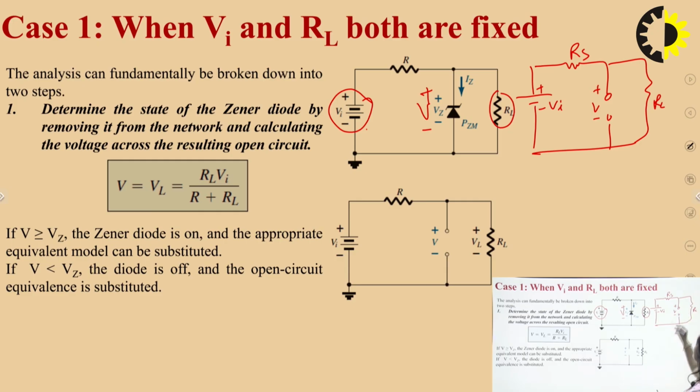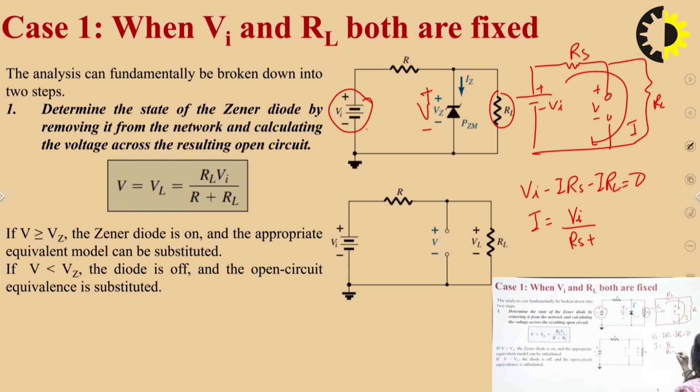So we can apply KVL here. Suppose current I is flowing through the series resistance Rs and RL. In that case, Vi minus I Rs minus I RL is equal to 0. So I would be equal to Vi upon Rs plus RL.